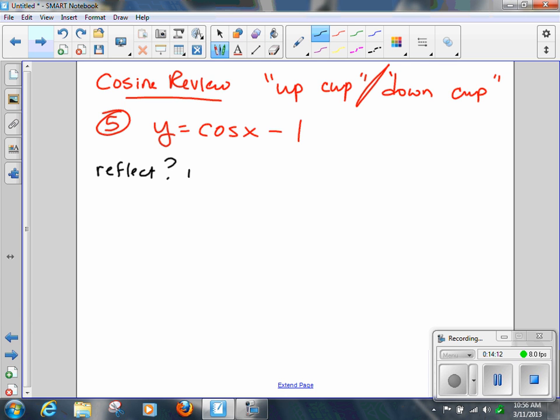No. So is it an up cup or a down cup? It's an up cup. Draw it so you'll know what to draw. Amplitude. Well, what number's in front of cosine? 1. So it's the absolute value of 1, which is 1. Which means it's going to be 1 unit above and below the what?